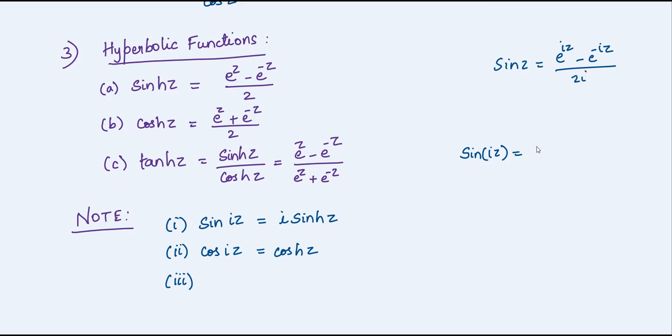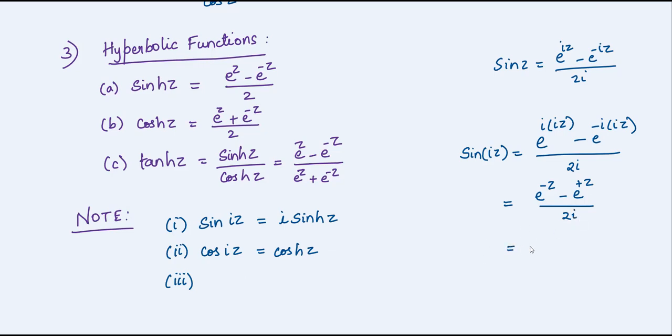So we apply this here: e power i times iz minus e power minus i times iz upon 2i. What do we get? We get e power minus z minus e power, i square is minus 1, right? So e power plus z, by 2i.